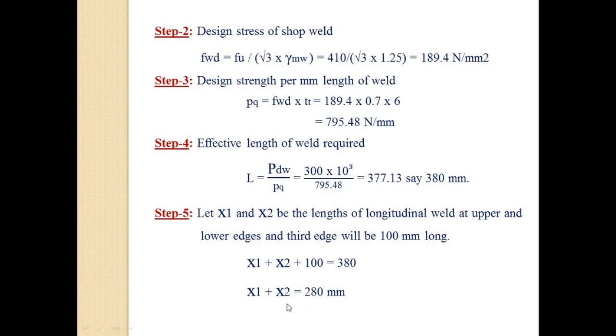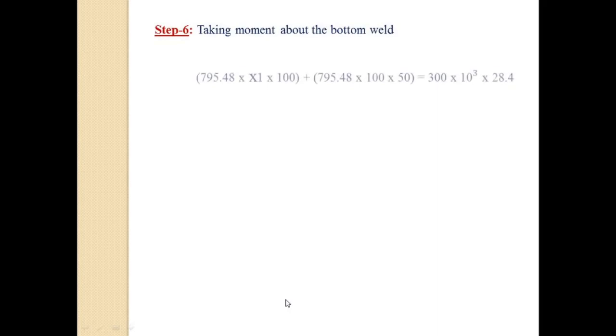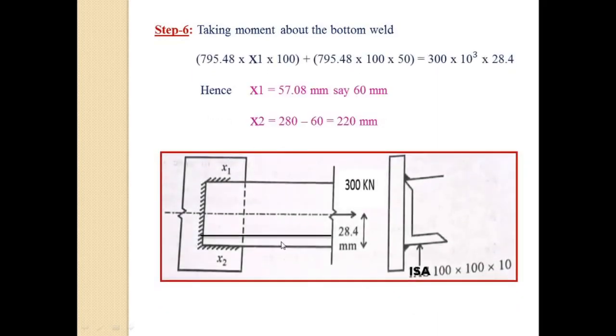So we have to calculate x1 and x2. Taking the moment about the bottom of the weld, suppose we are taking the moment here. How can we take the moment? First, the design strength per mm we know, 795.48 into x1, the load is here, multiplied by the perpendicular distance, that is 100 mm.